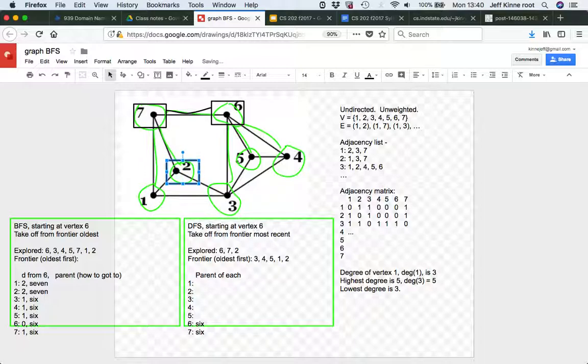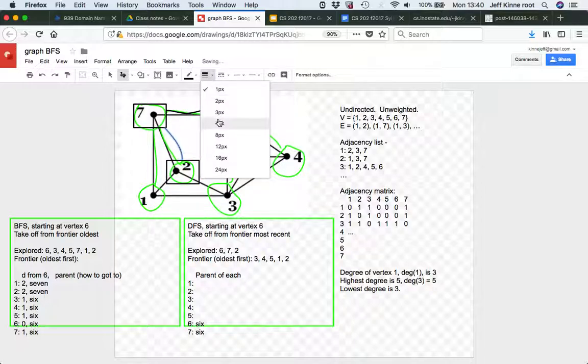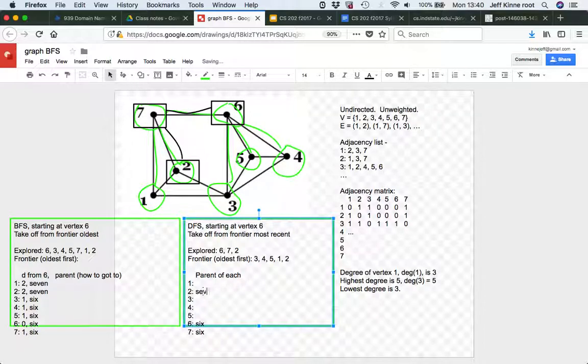And we got there from 7. Okay, so we get to 2 from 7. We should also make a note that from 7 we got to 1. When we put something on the frontier, we need to keep track of that.